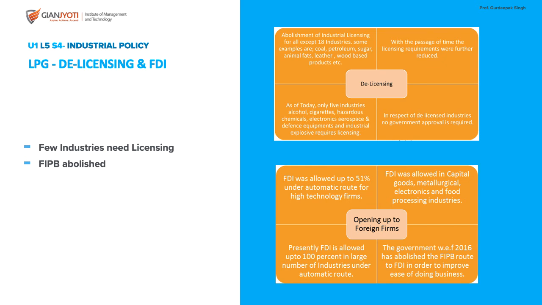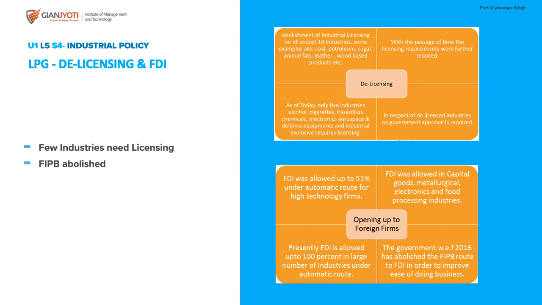So from 2016, they even abolished the Foreign Investment Promotion Board, FIPB, we call it. What was its role? It was a single window which used to advise the government whether the foreign investment should be there in a particular sector.